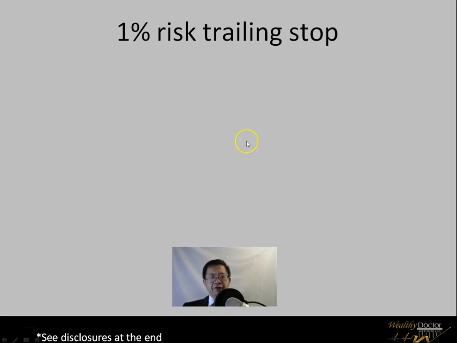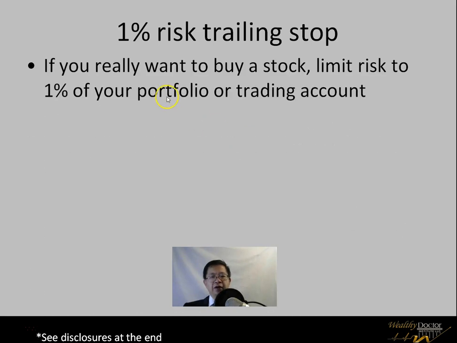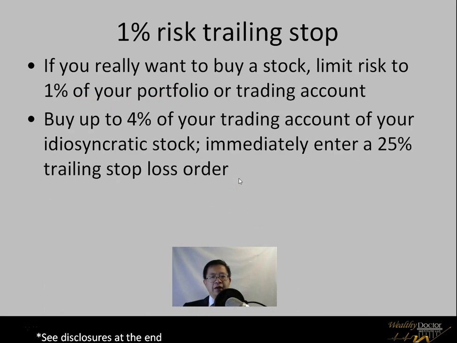So, if you're still willing to take that risk and buy a particular stock, keep in mind, limit your losses to 1% of your total portfolio or trading account. And you do this by using up to 4% of your trading account to buy that one stock. And then you immediately put a 25% trailing stop loss order.